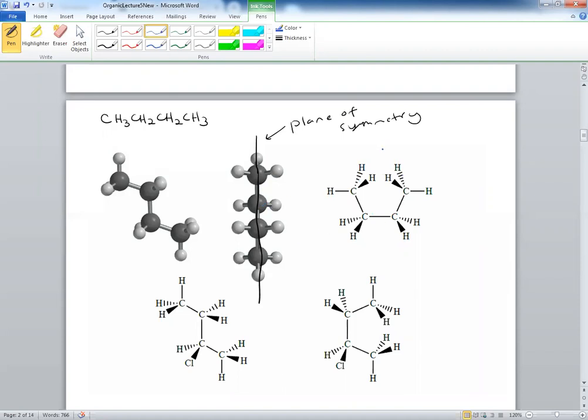So basically, this is a front view. If you were to look at it, this is the anti. This would be the plane right here. So it's symmetrical, and right here, that's the plane of the molecule. There's symmetry.